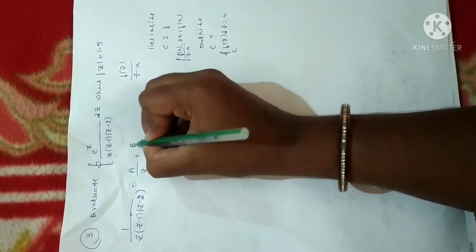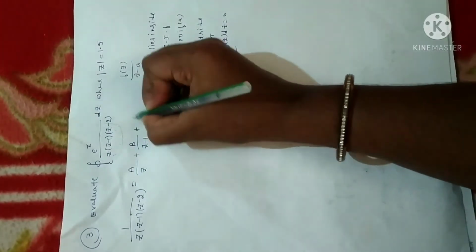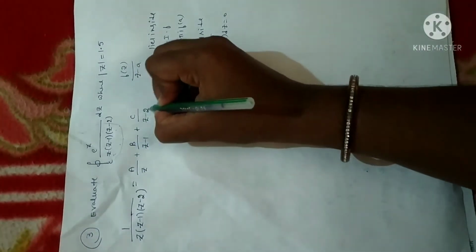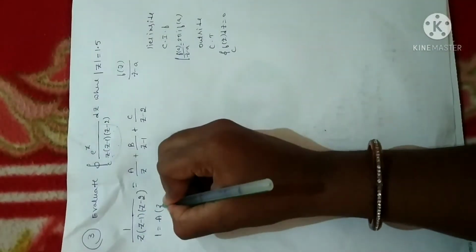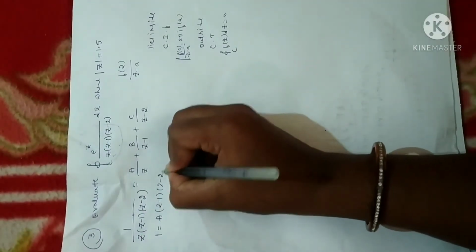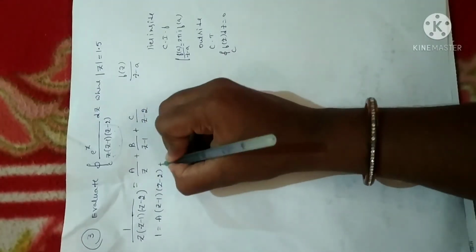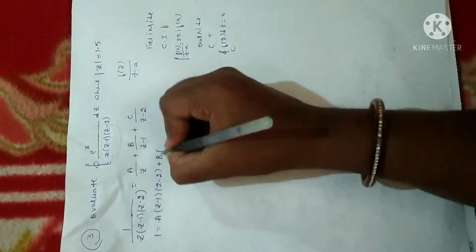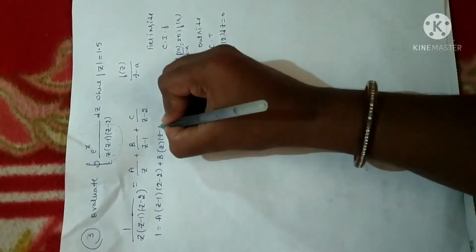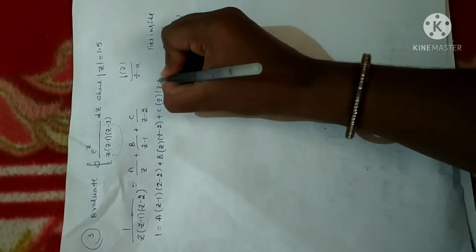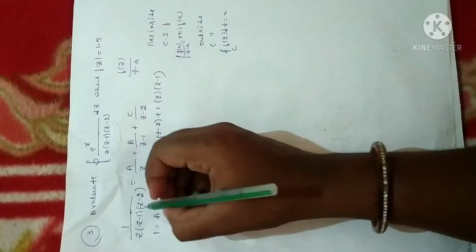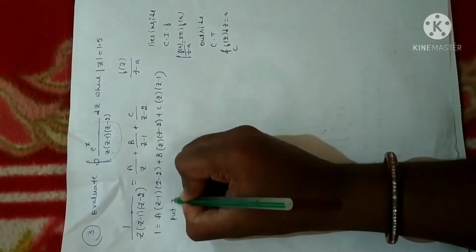Let me solve by using partial fractions. So I can write this as a by z plus b by (z minus 1) plus c by (z minus 2). So you will get 1 is equal to a into (z minus 1) into (z minus 2), as z gets cancelled. Hope you are familiar with partial fractions. Next, b into z into (z minus 2) plus c into z into (z minus 1). Fine. Now let me substitute values of z.